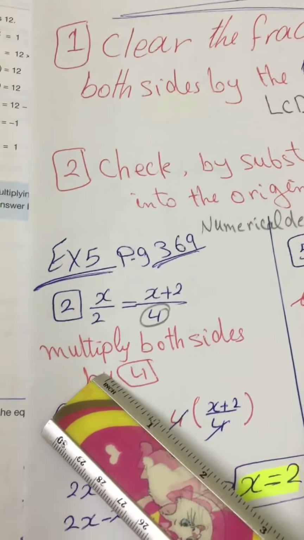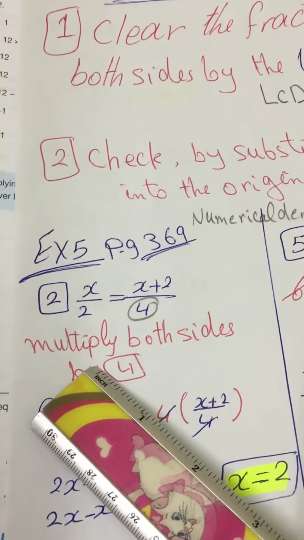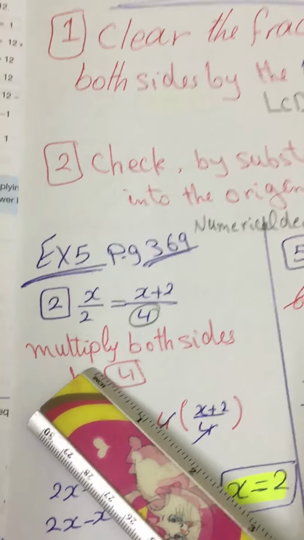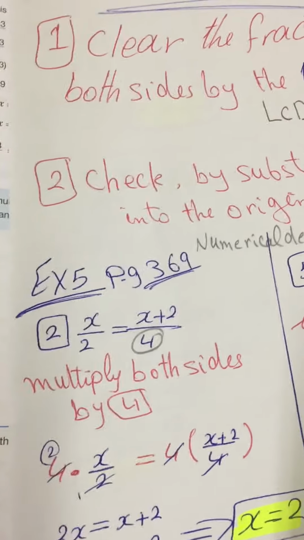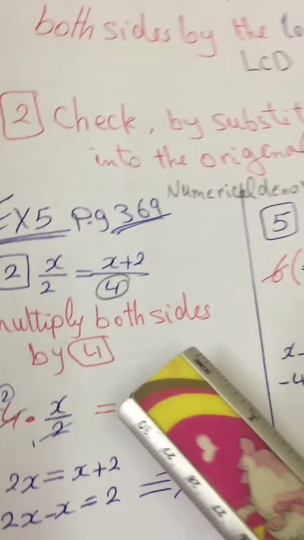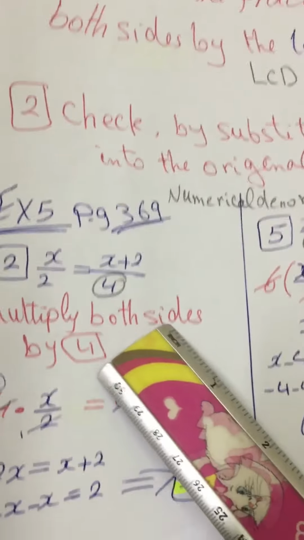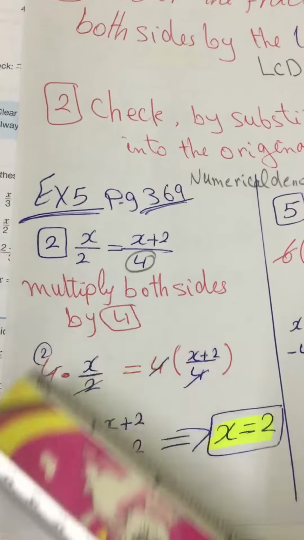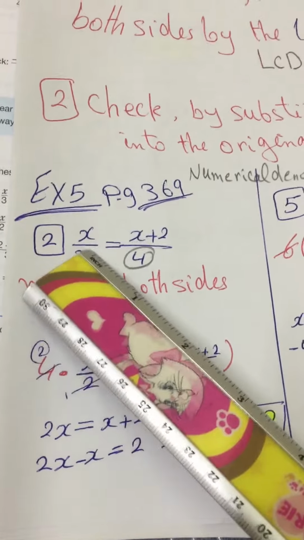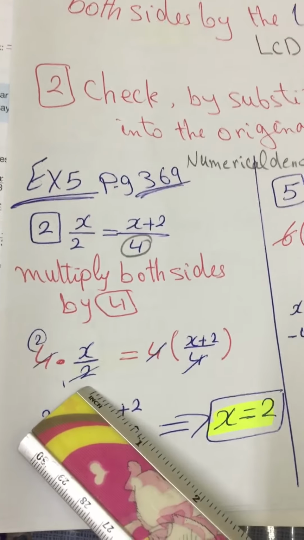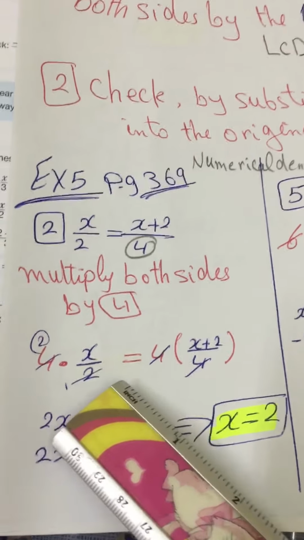You have to decide which LCD you will use and write: multiply both sides of the equation by this least common denominator. As you see, I took 4, multiplied the left side, x over 2, and also 4 multiplied the right side, x plus 2 over 4.